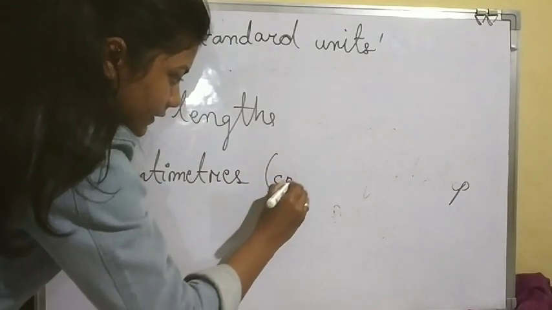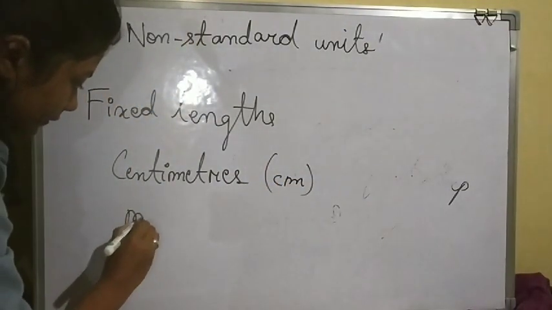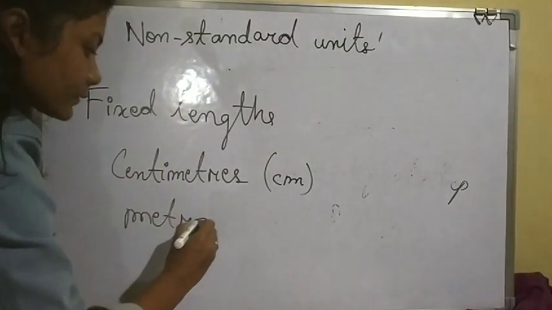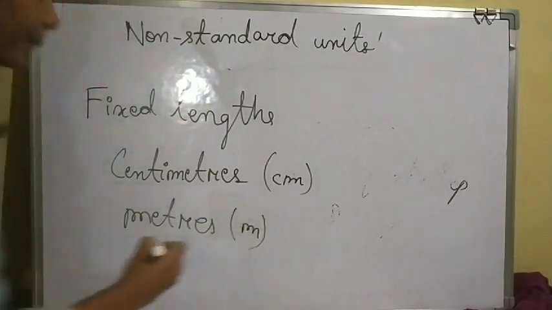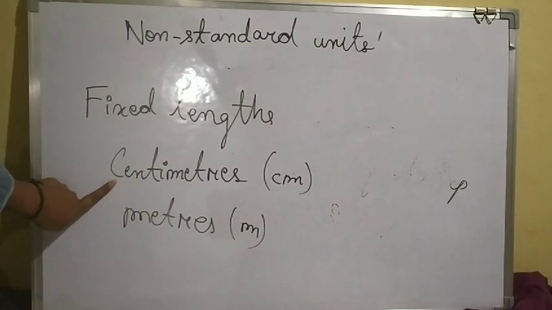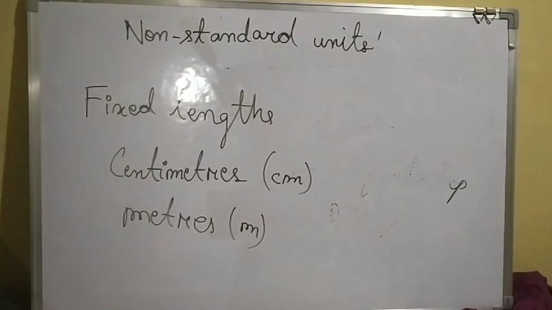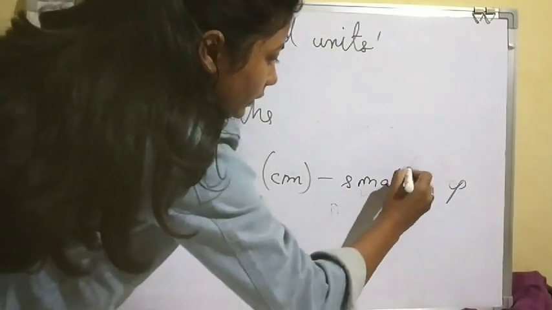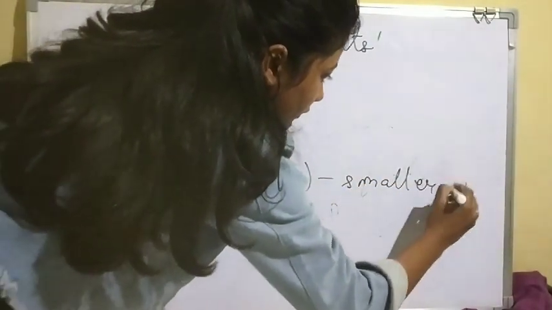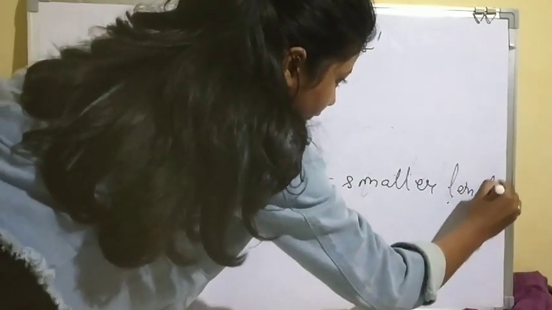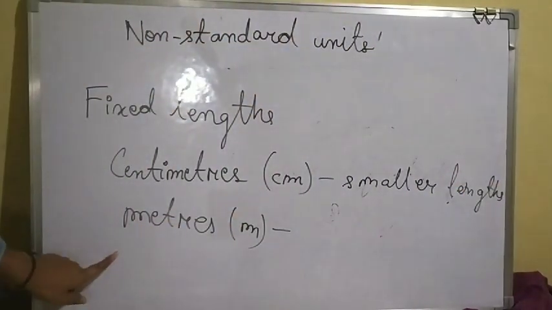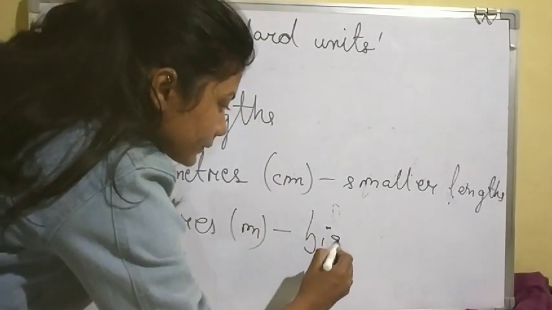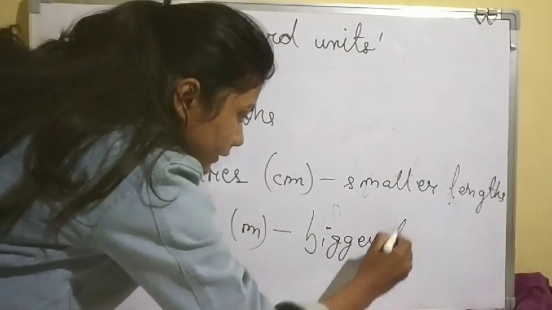Centimeters we write as cm and meters we write as m. Centimeters we use to measure smaller lengths. And meters we use to measure bigger lengths.